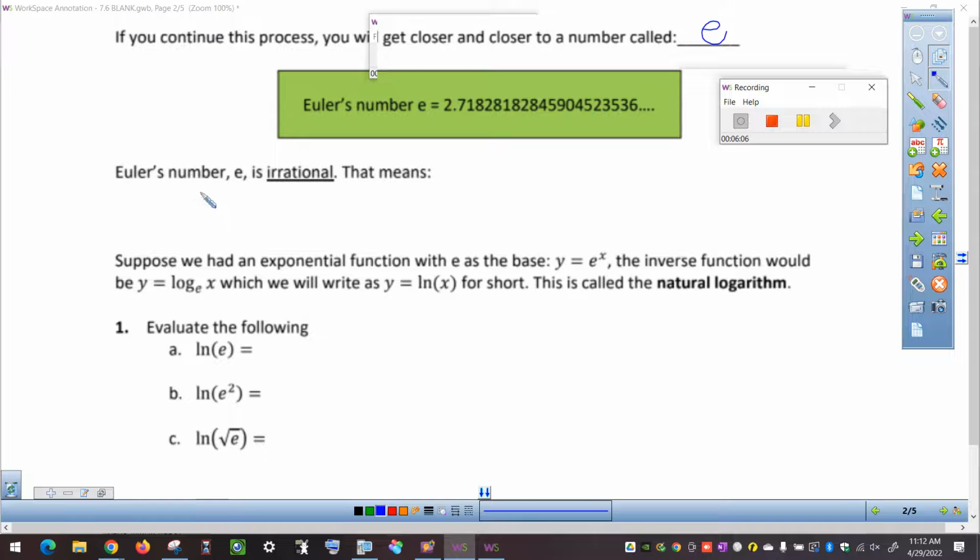A characteristic of this number is we call it an irrational number. And that means a couple of things. The first thing is that it cannot be written as a fraction.